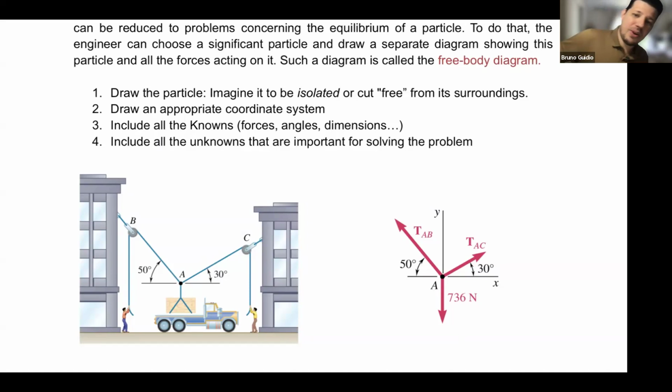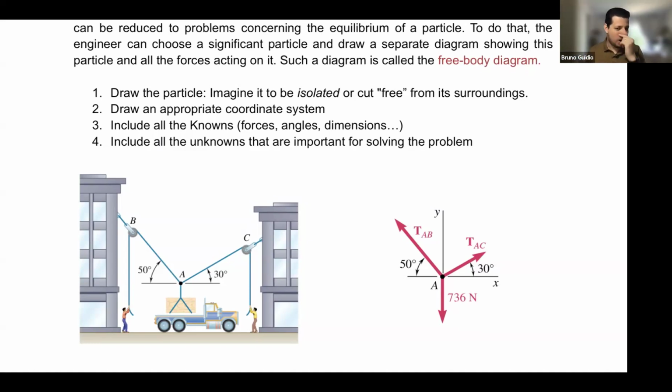This problem we call an equilibrium problem. What should be the force that each one of those guys should apply to keep that box in equilibrium once they lift it from the truck?